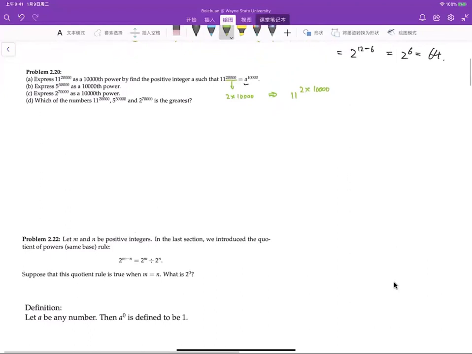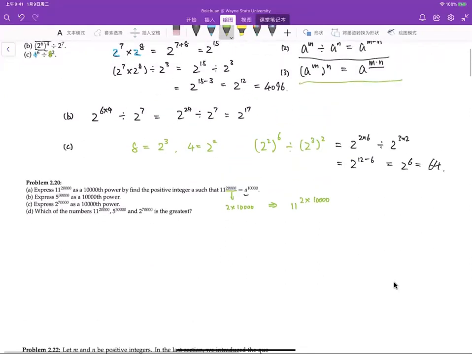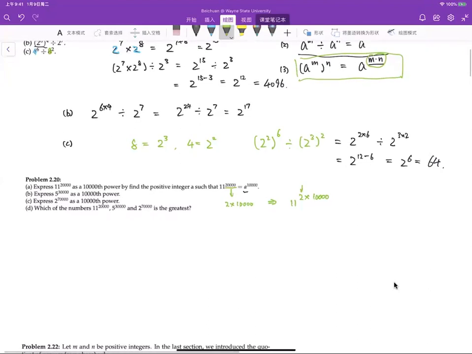Actually, I don't think so, because here we should apply the third property to simplify it, right? So you see, in this case, the exponent is the product of m and n. So that means you just set m to be 2 and n to be 10,000. So this is equal to 11 squared to the 10,000, right?